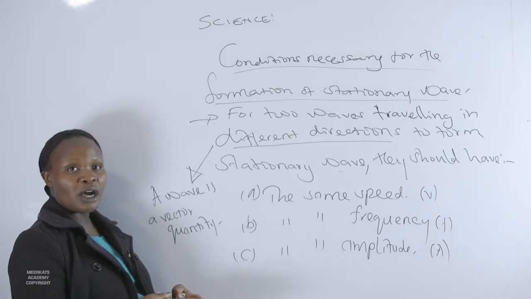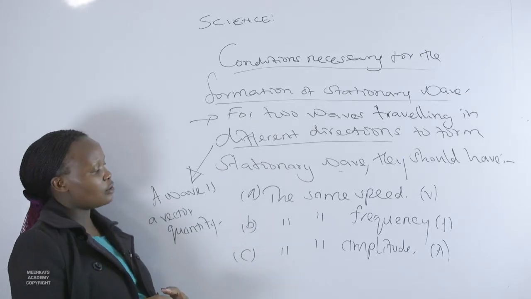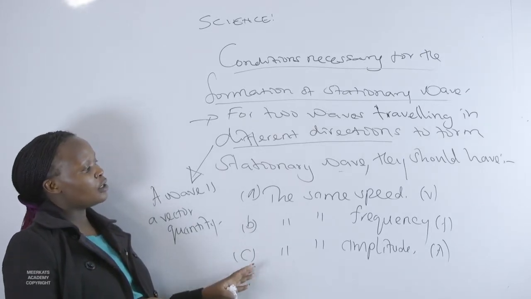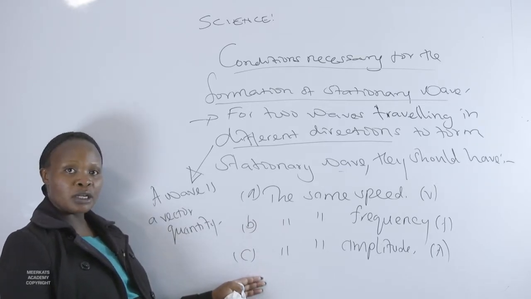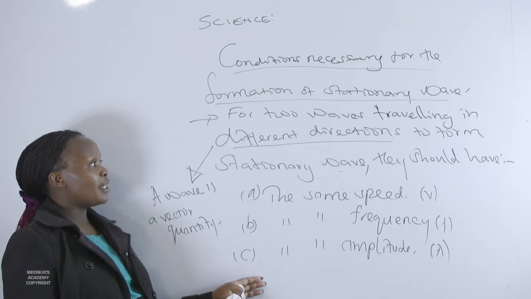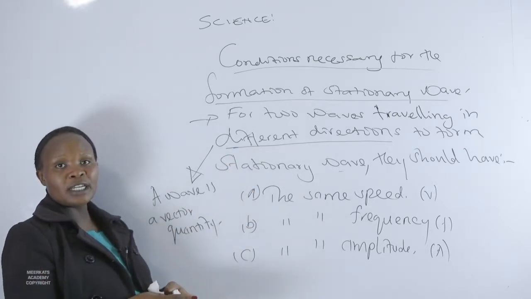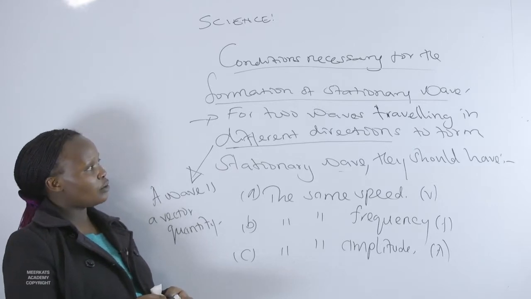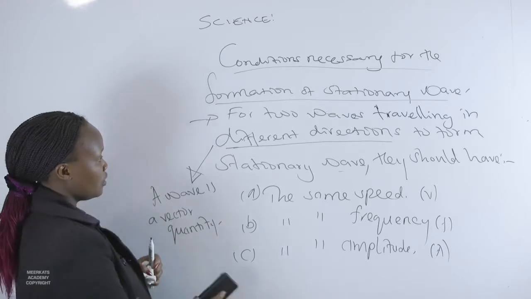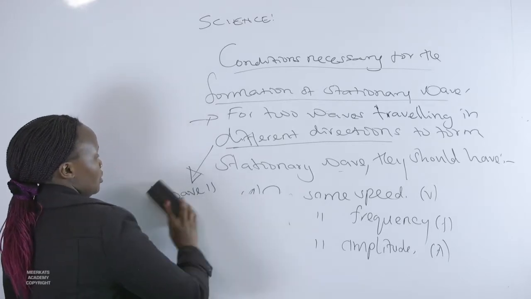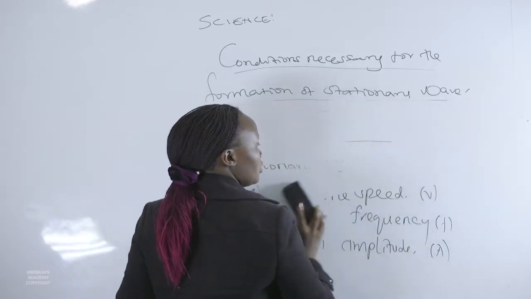Vectors that are equal have the same magnitude and travel in the same direction. But here are two waves with all the characteristics equal, but the direction is different, and this changes the whole equation.